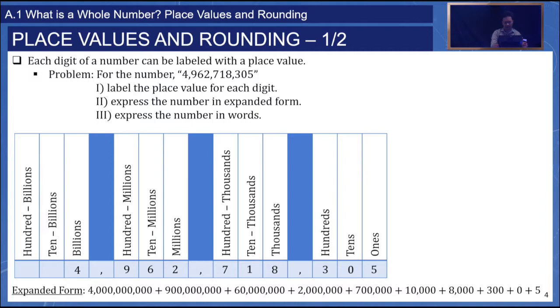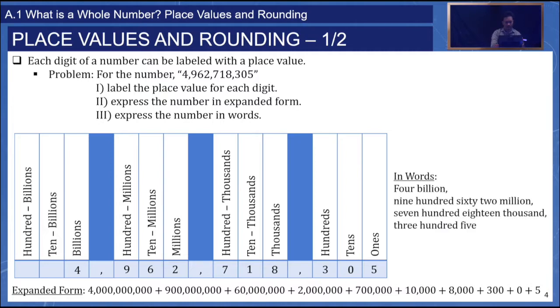Then you look at the next 3 numbers, 718, but that's in the thousands place, so it's 718,000. And then the last 3 numbers, you just say how you would read it, 305. So express the number in words. There it is. It's 4,962,718,305. So that's how it is in words.